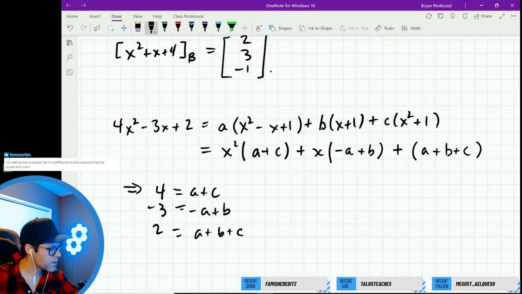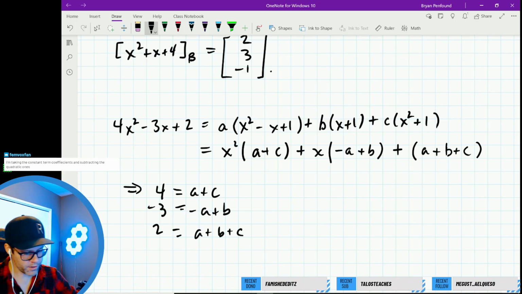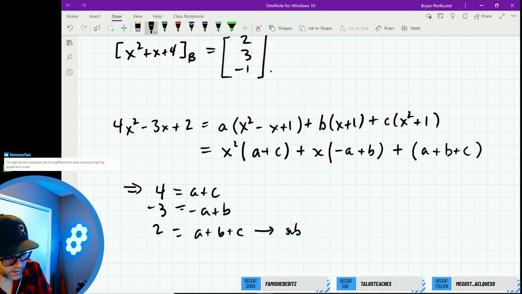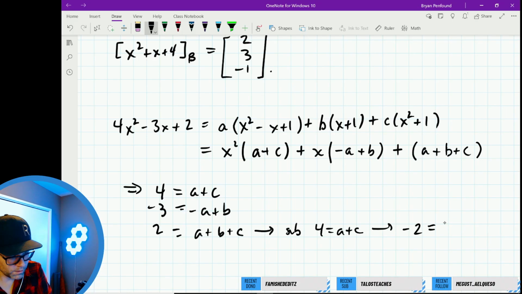Taking the constant term coefficients and subtracting the quadratic ones. Oh, I gotcha. Right, so you're saying, well, why don't we subtract 4 equals a plus c from this, and that's going to give us negative 2 is equal to b.